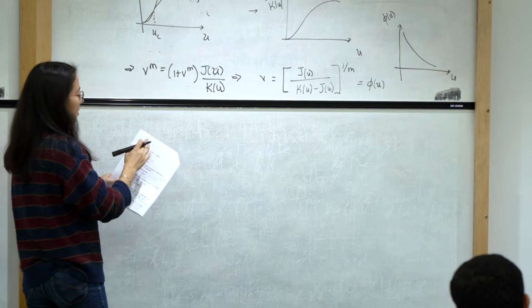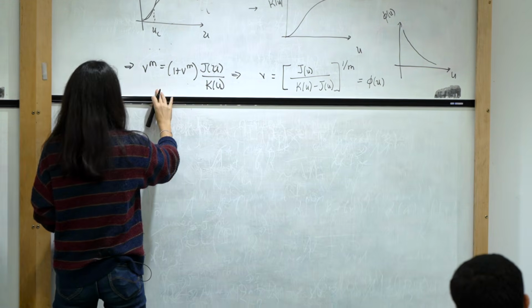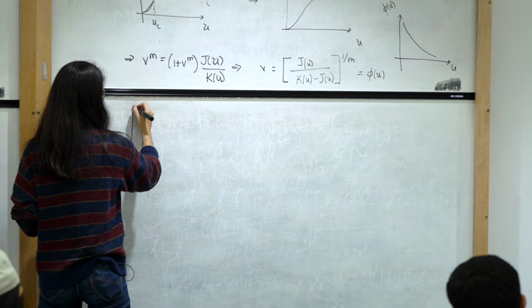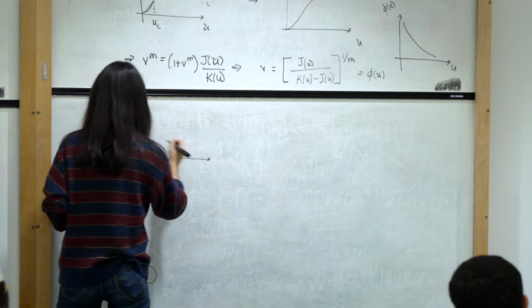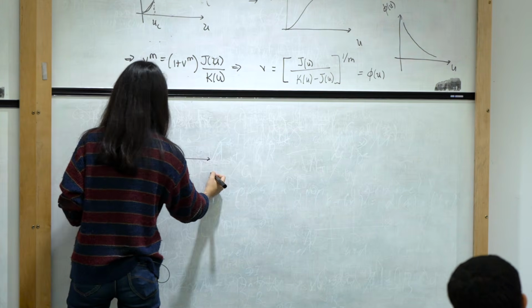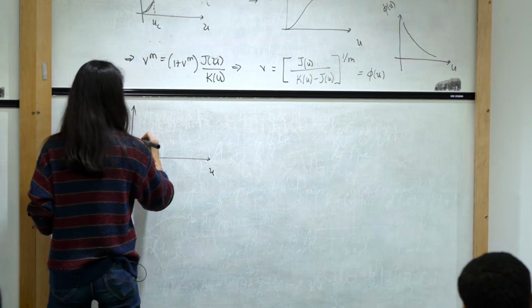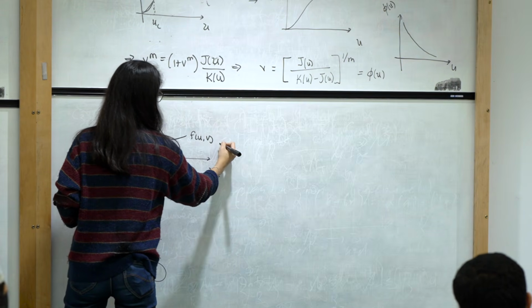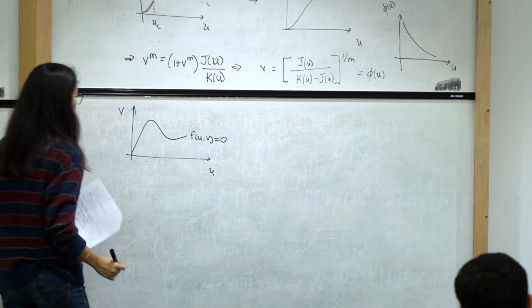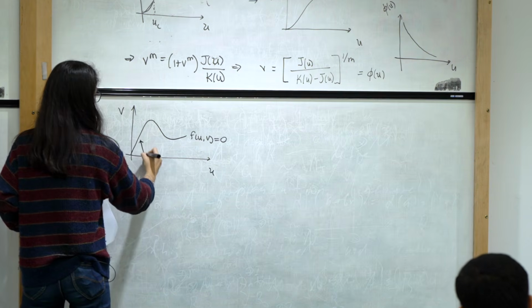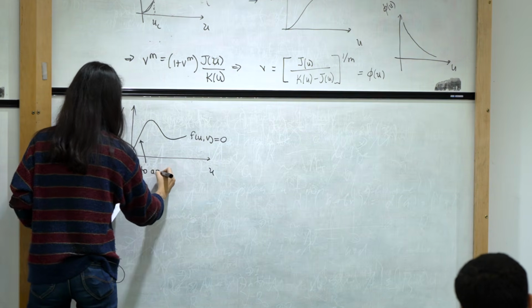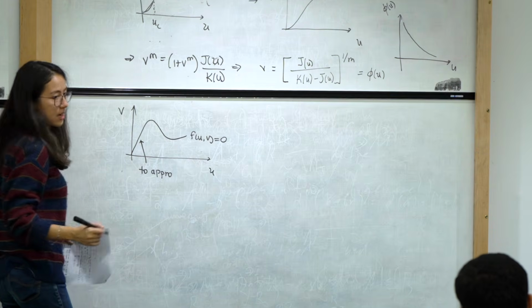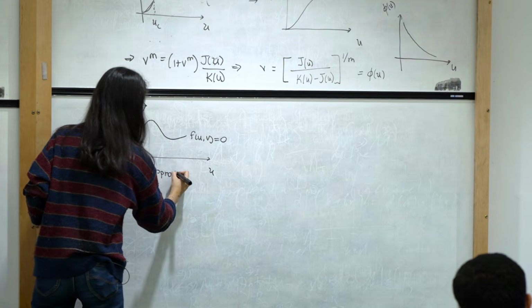So this will only give us one of the sides of the function. Remember that what we are trying to plot is v versus u, which as I plotted before, looks something like this. This is the v nullcline. So to approximate what is happening here, you're going to take into account the delta parameter being small.